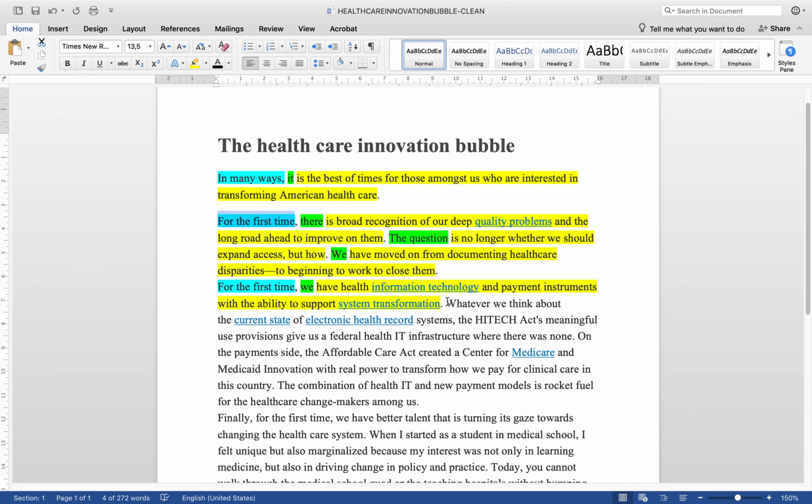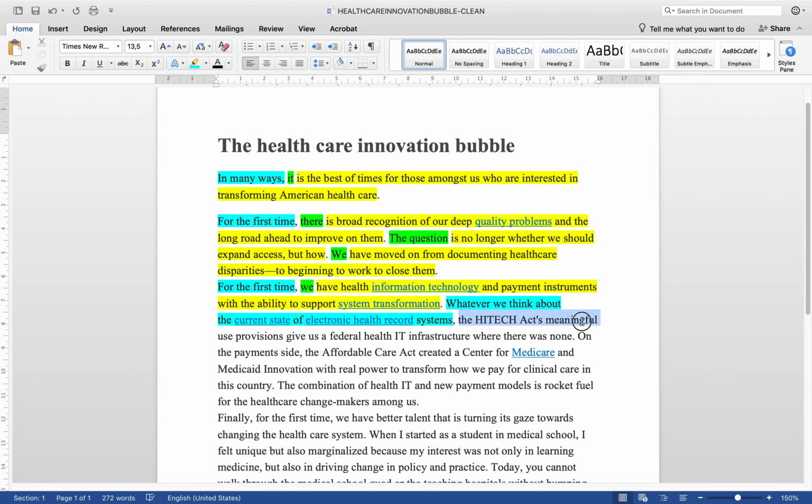Then here is another orientation. Whatever we think about the current state of electronic health record systems, there's something that we can apparently think about it, but he is taking that out of the equation now. Whatever we think about it, I don't care what we think about it.